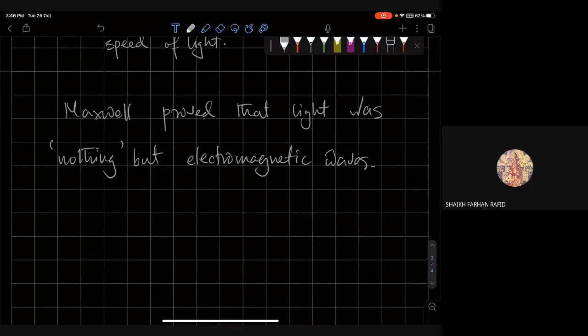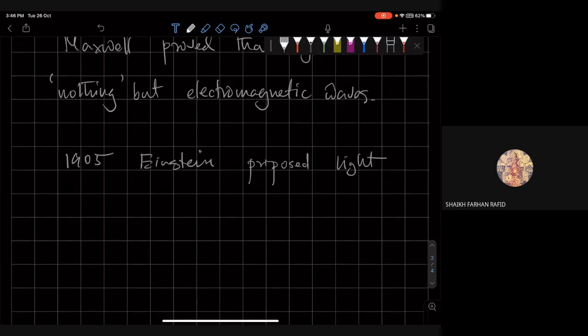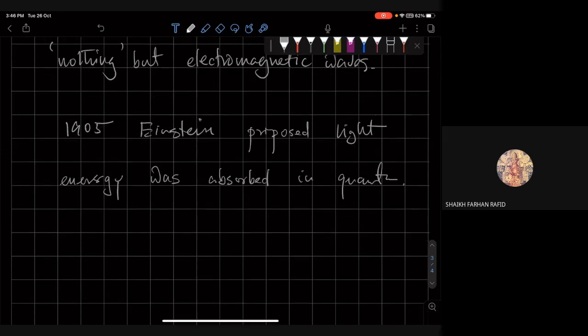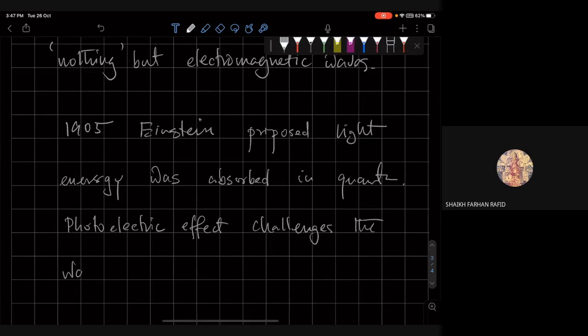But after the photoelectric effect in 1905, Einstein proposed that light energy was absorbed in quanta, that you could not absorb light energy in fractions. So the photoelectric effect challenges the wave picture of light, right?